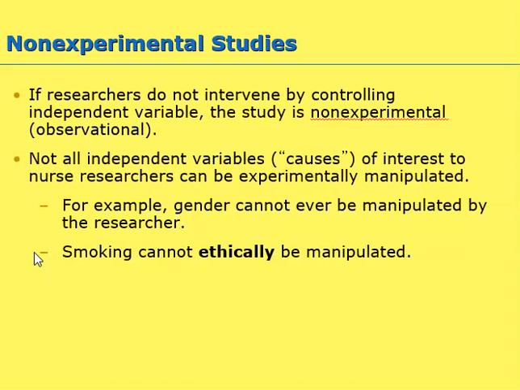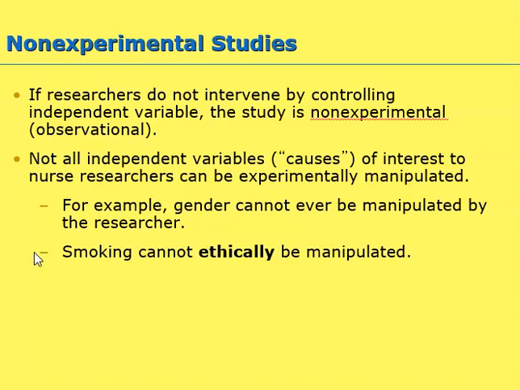So first of all, if the researchers are not doing any kind of intervention, they're not controlling the independent variable at all, they're only collecting data as it exists for the participants, then that study is non-experimental or observational. Non-experimental studies are oftentimes not necessarily trying to be cause probing.